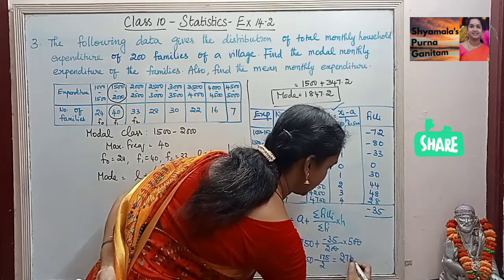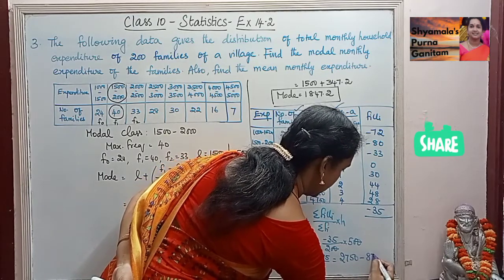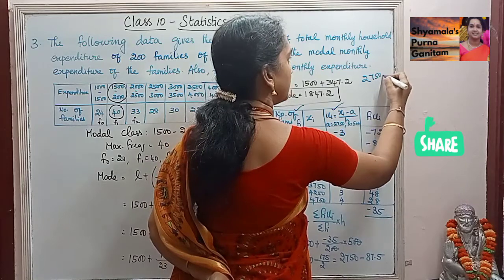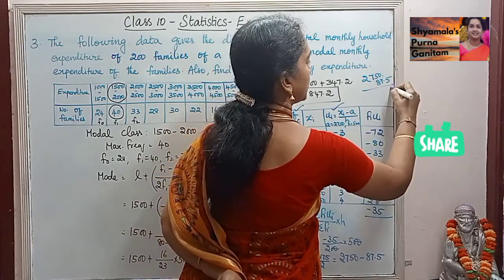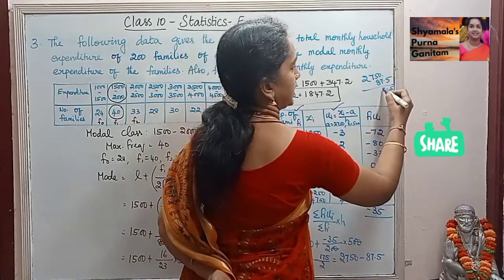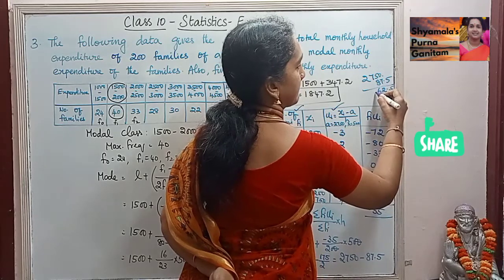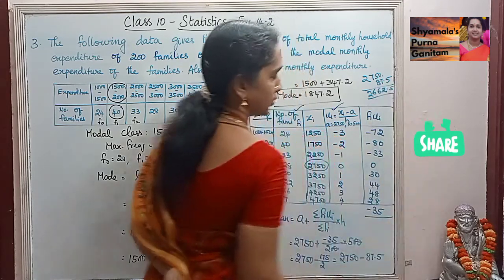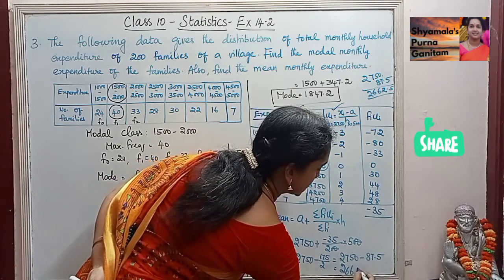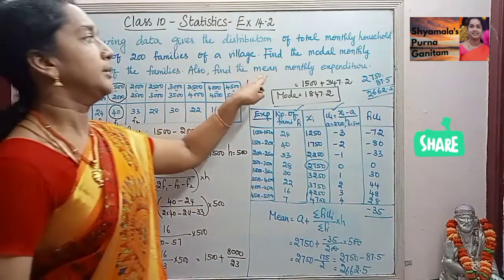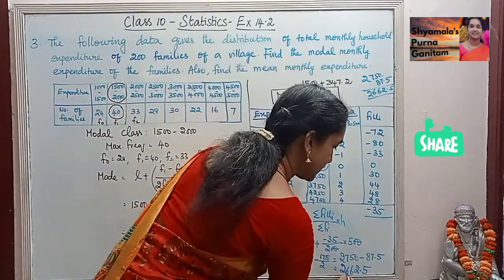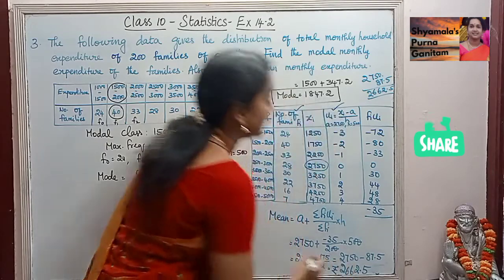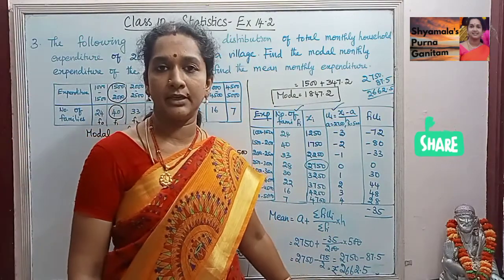So 2750 minus 87.5 gives 2662.5. This is the mean monthly expenditure, that is 2662 rupees 50 paise, of the 200 families. Okay, understood?